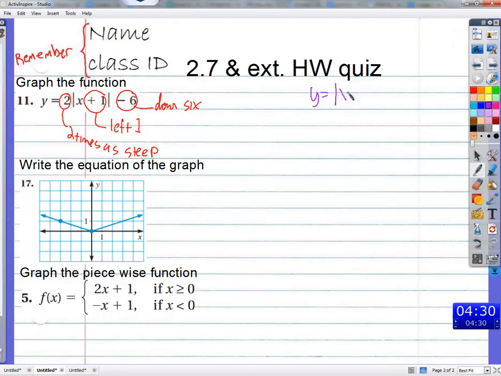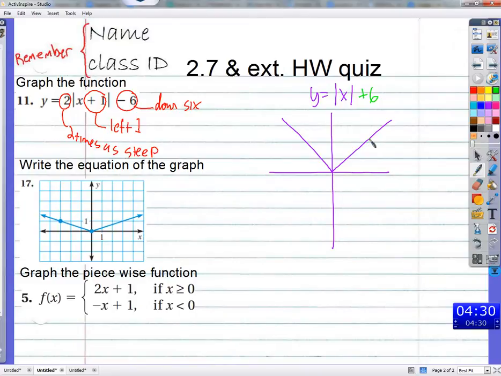y equals the absolute value of x looks like this. Well, if we were to add 6, the output is the vertical, right? So we go over here, and the output is how far we go up or down to get to that point.